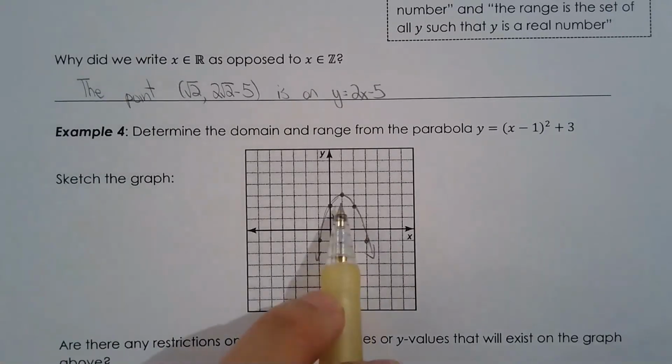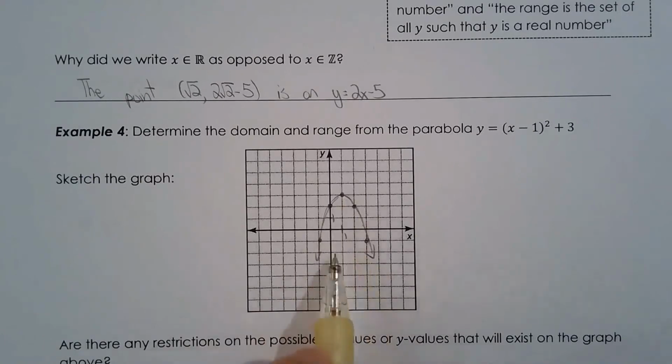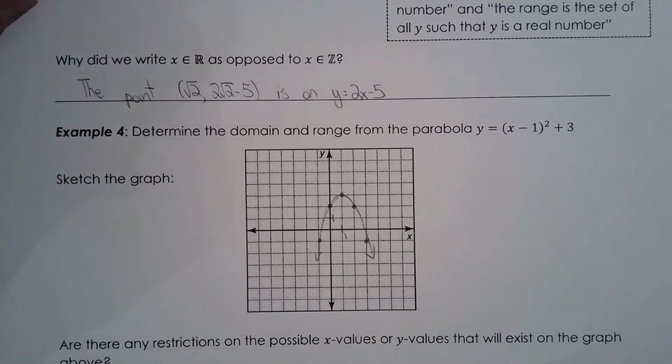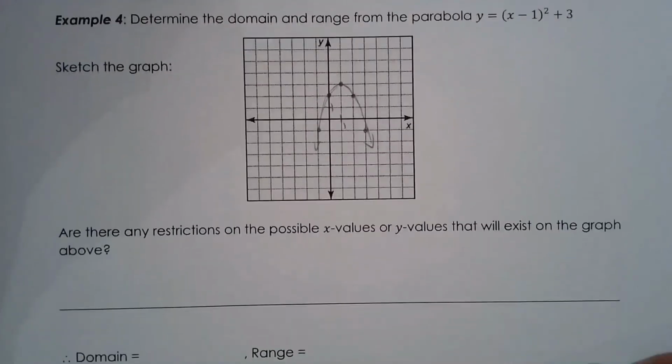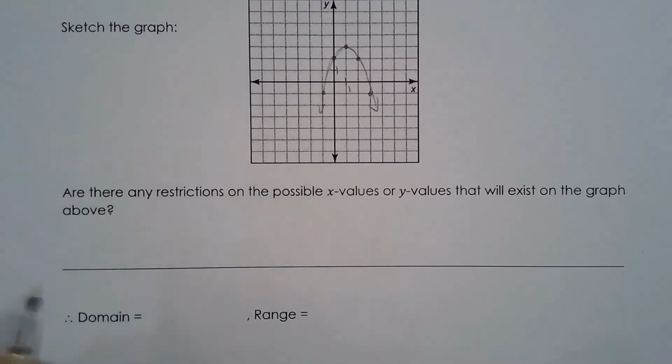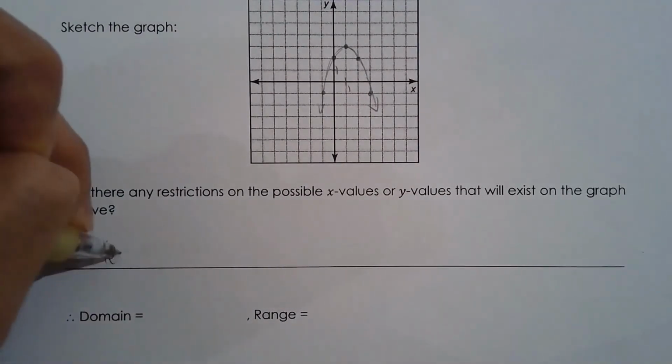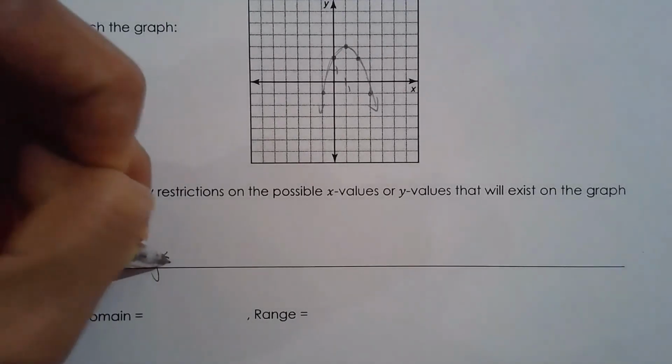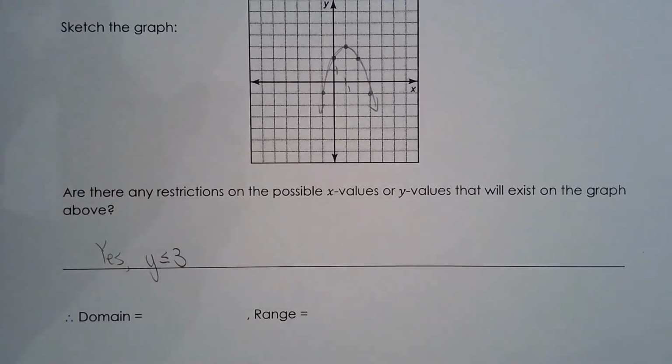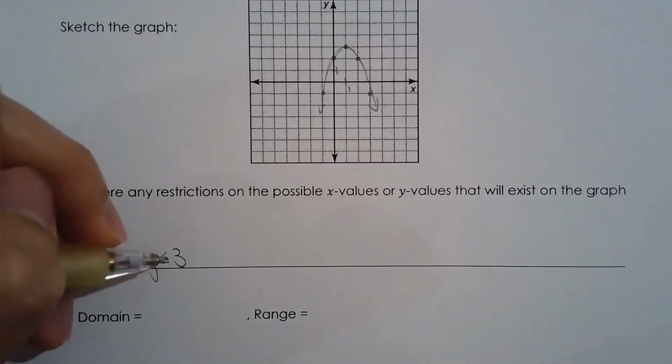So the largest possible value for y is going to be 3, and all the other points have a value for y that's less than 3. So, are there any restrictions? Yes. Y is less than or equal to 3. So if that's the case, we're going to add that for our range. When we state the range, we're going to include that restriction.